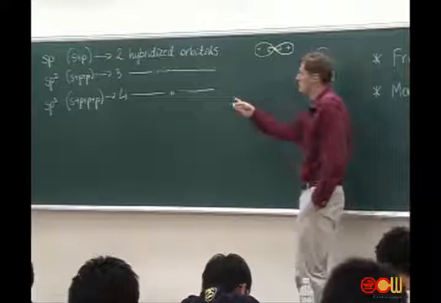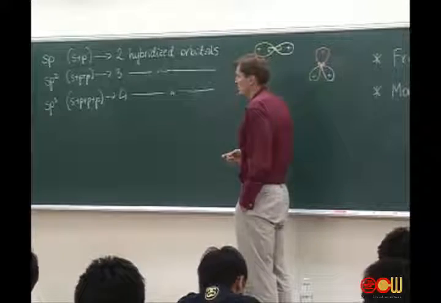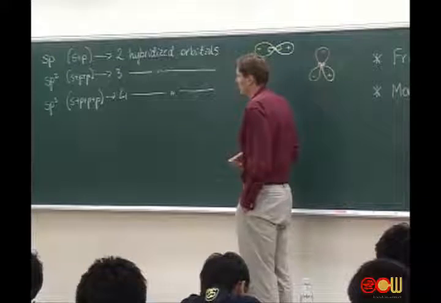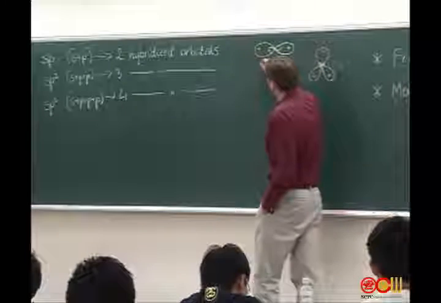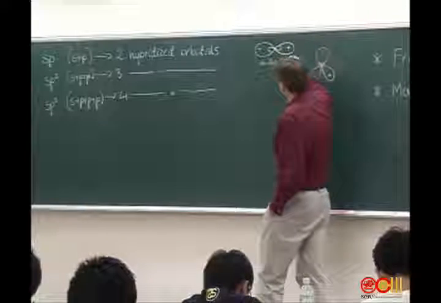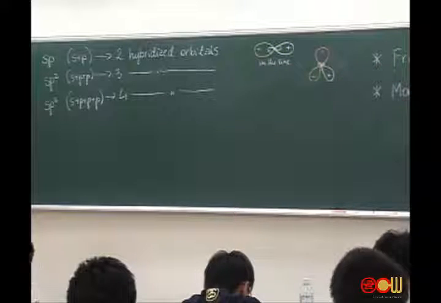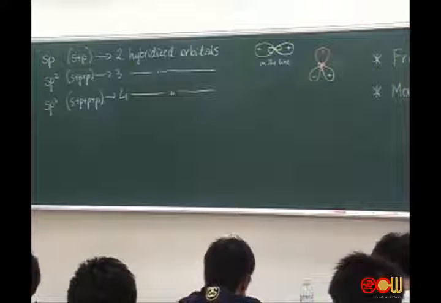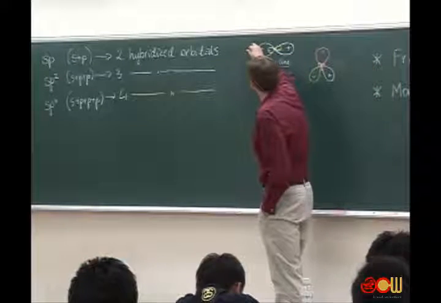To imagine how the sp3 orbitals look, first you have to understand that s, p, p, p gives you four orbitals. To arrange them, here the arrangement was on the line, and the line is of course here.